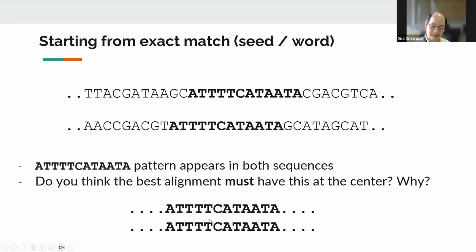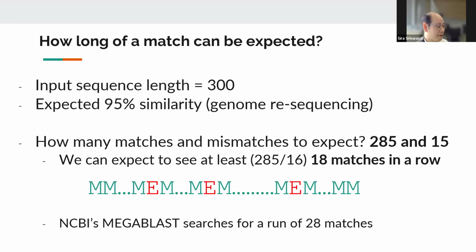So the best alignment that we can make should align these two regions together. The front and the back might be different, but the central part of the alignment probably has to be like this. This is an intuition that computer scientists also think about when designing algorithms, and this is what they use.